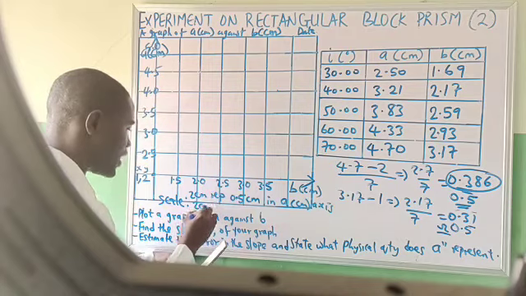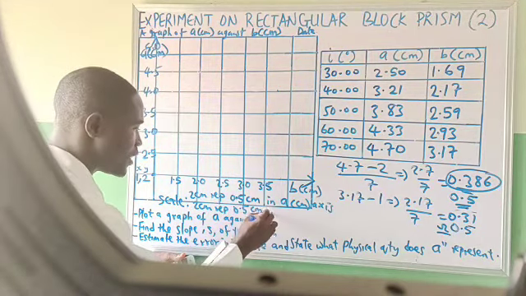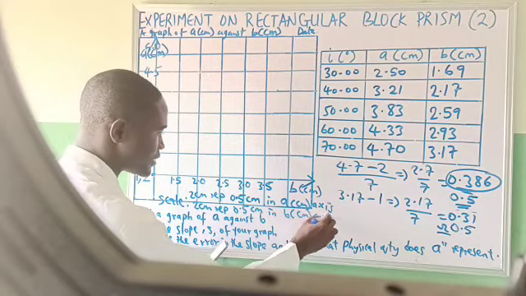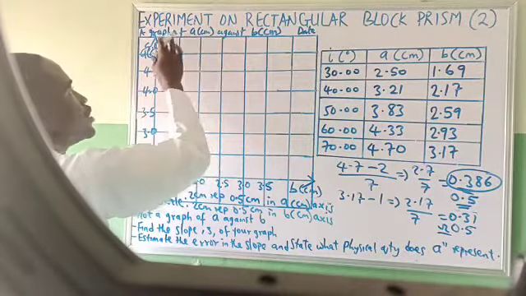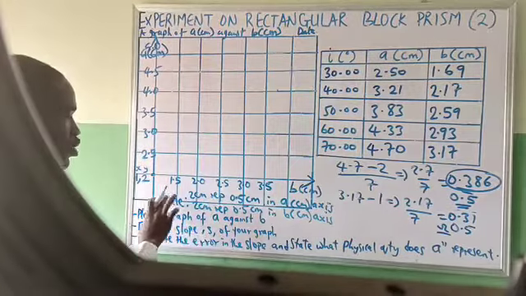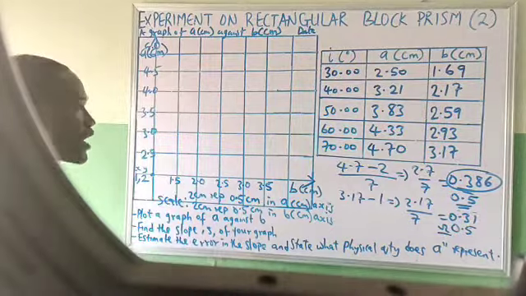Then 2 cm represent 0.5 cm on the b cm axis. We have put our scale. That means your date, your title, label your Cartesian axis, then your scale. Very important for you to do it before plotting your graph.